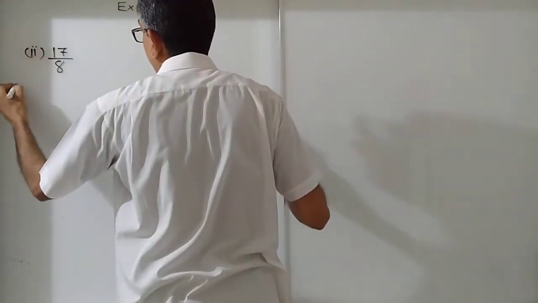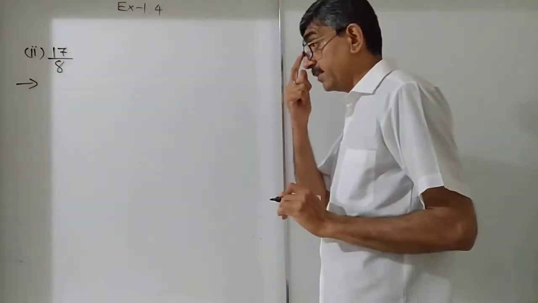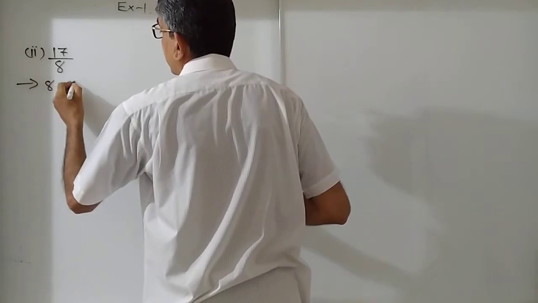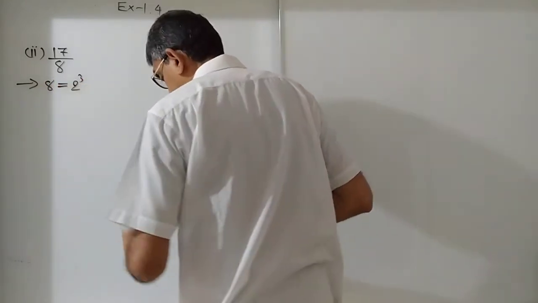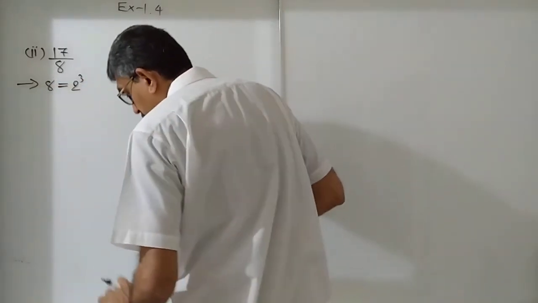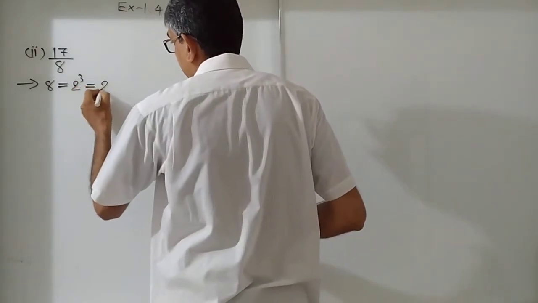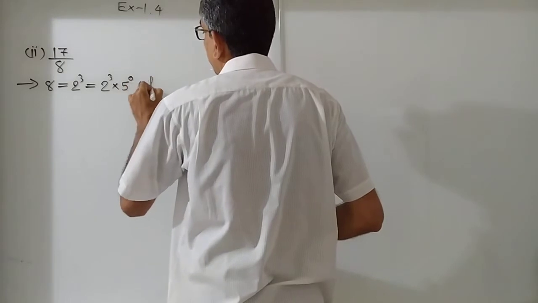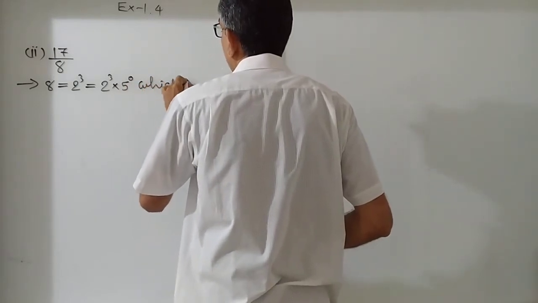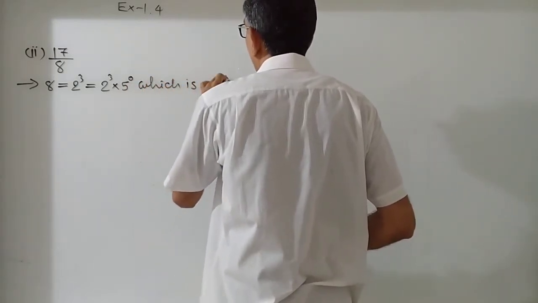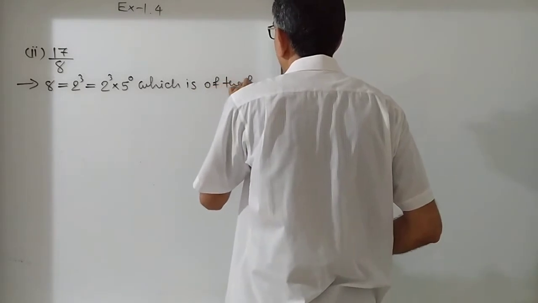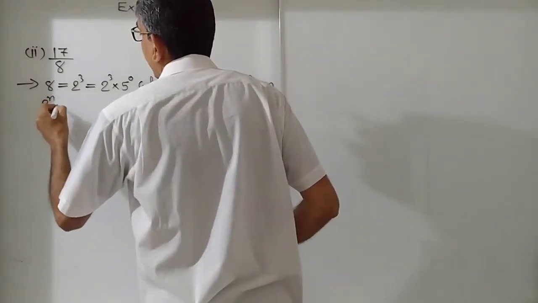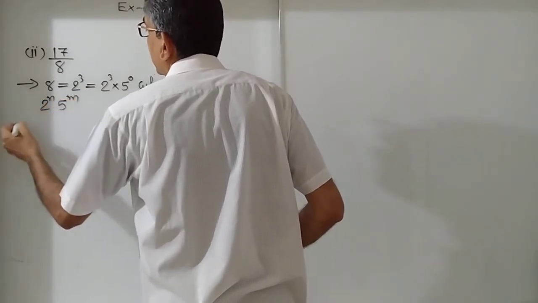Let's first decide whether the decimal expansion is terminating or not. 8 is equal to 2 cube, which can be written as 2 cube into 5 raised to 0, which is of the form 2 raised to n, 5 raised to m.